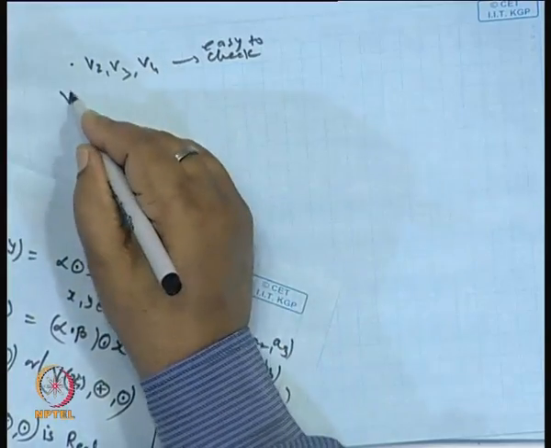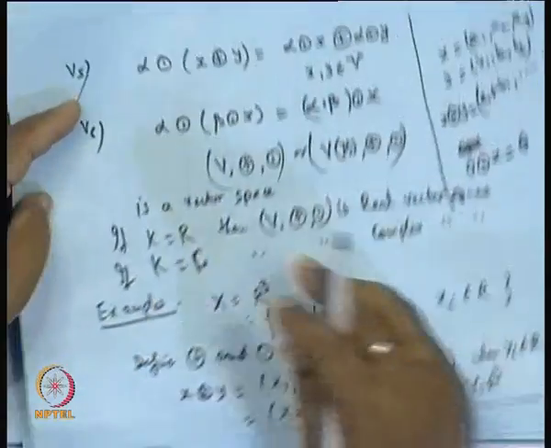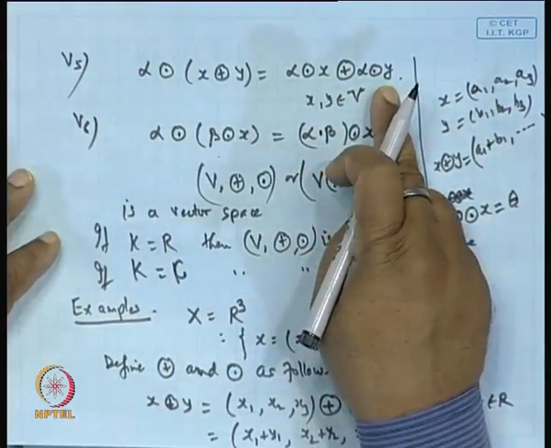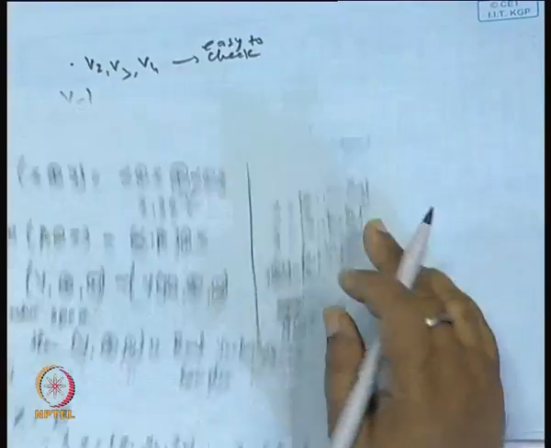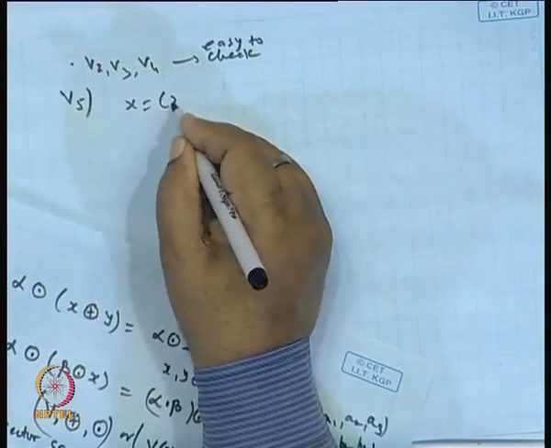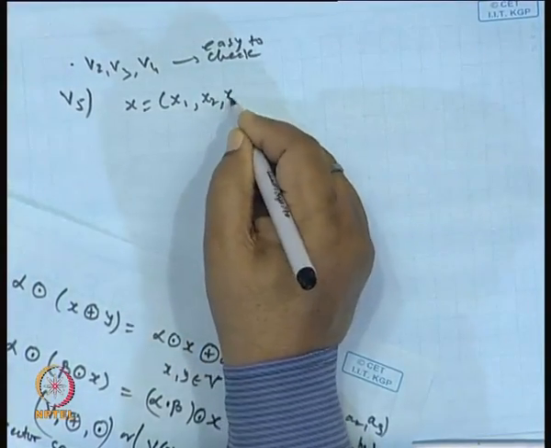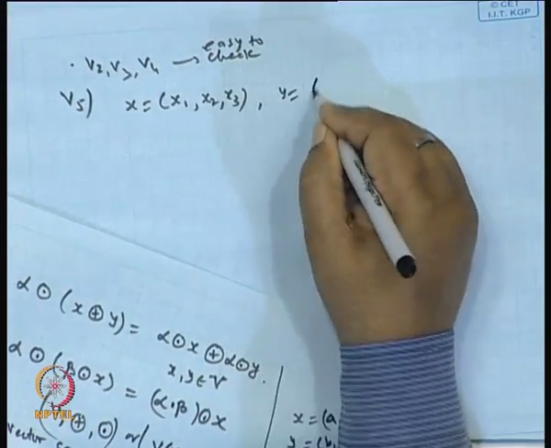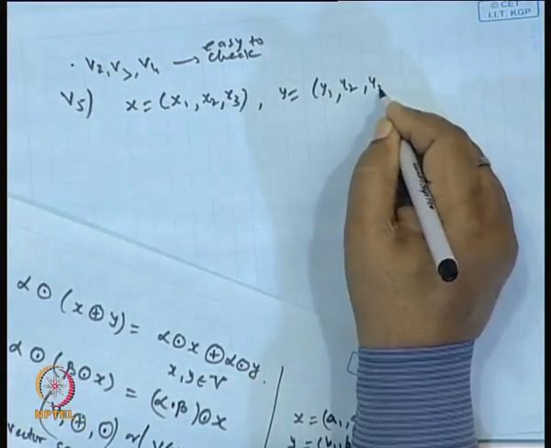Then we go for V 5. V 5 says alpha dot x plus y is equal to alpha dot x plus alpha dot y. So, let us take x as x 1, x 2, x 3, and y as y 1, y 2, y 3.